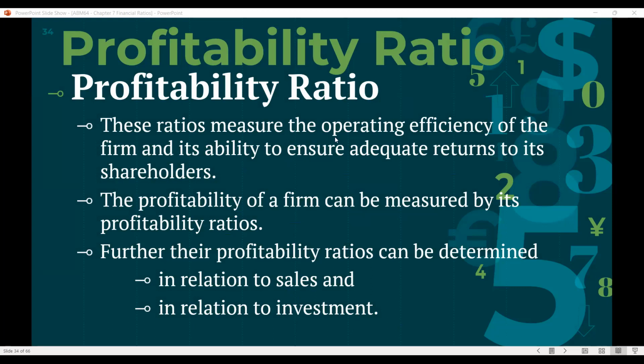So again, this focuses more on the operating efficiency. How efficient are you in your operation? And how is your ability, again, ability nimo to pay back the investor or the shareholders, their capital, their investment. This ratio focuses more on sales, investment, and etc.